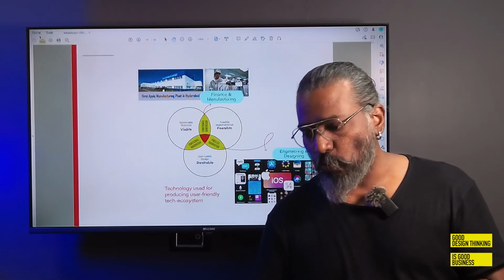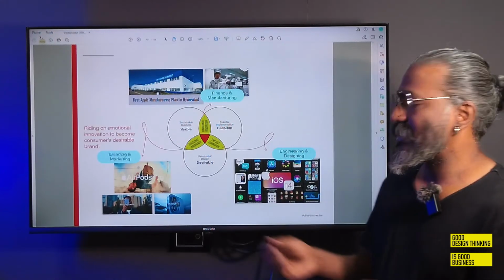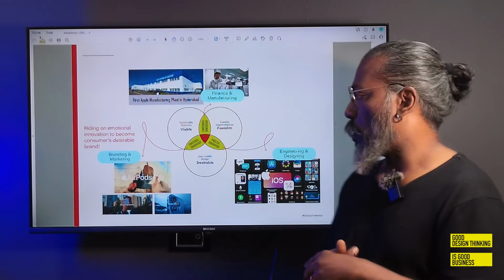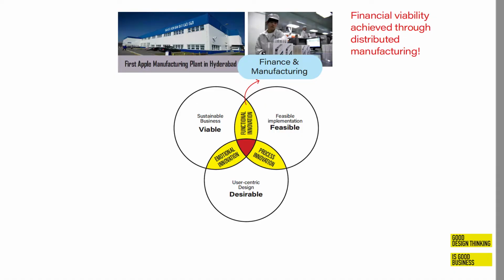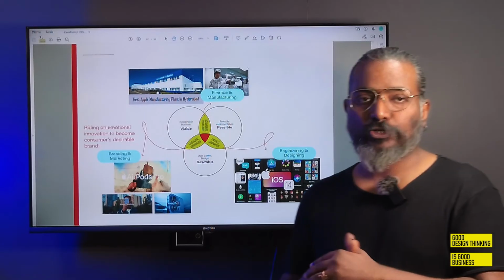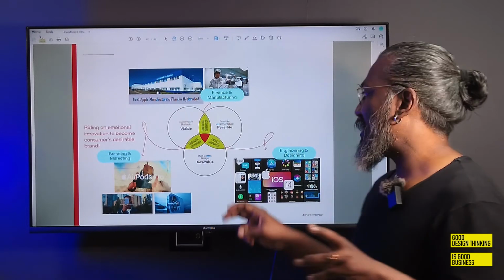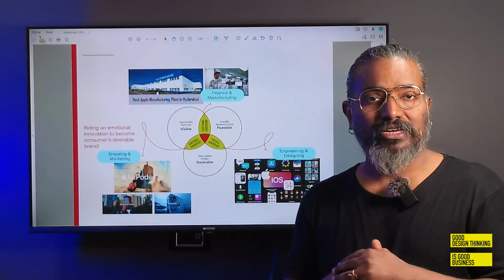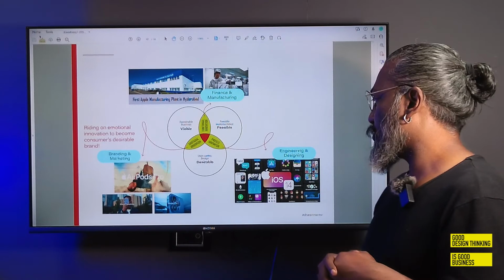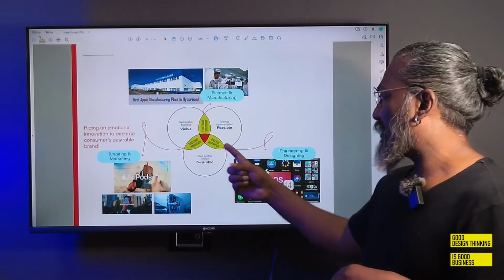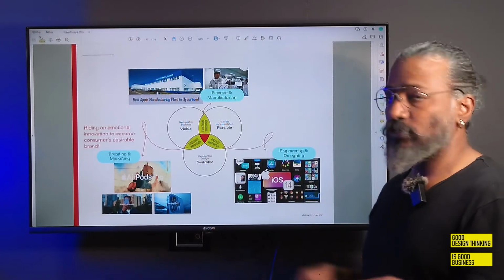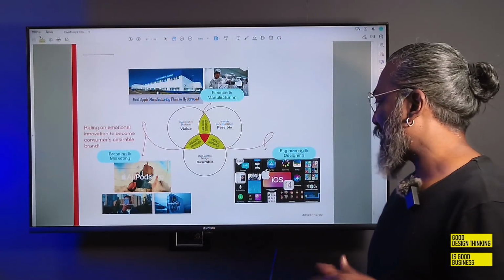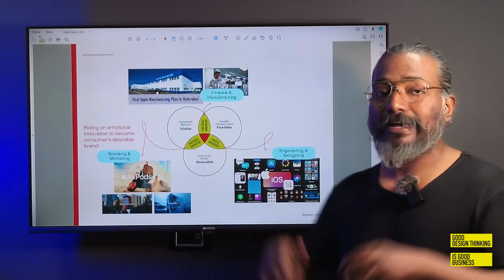Let's look at one example wherein you can see that Apple is a successful company, we all know. In their functional innovation, they try to manufacture in those geographies where they can get quality as well as remain financially viable. And look at their process innovation, wherein they are using technology or technical feasibility, and understanding that consumers need back-end support.